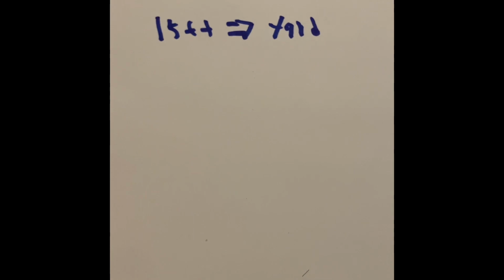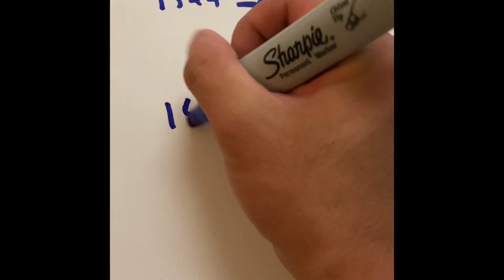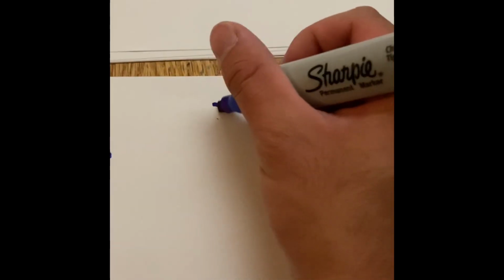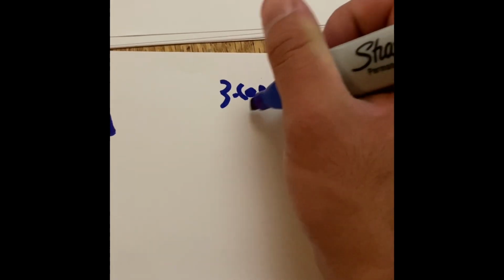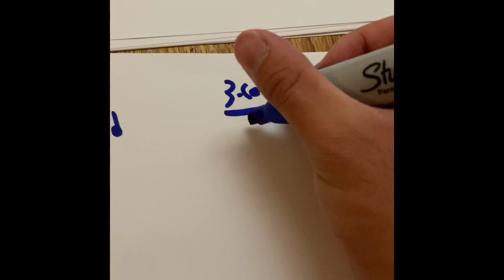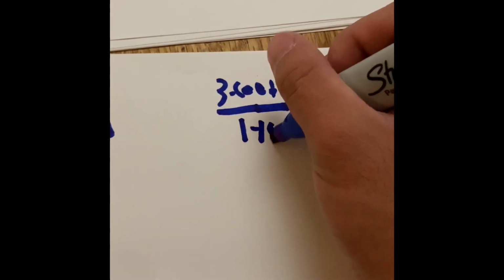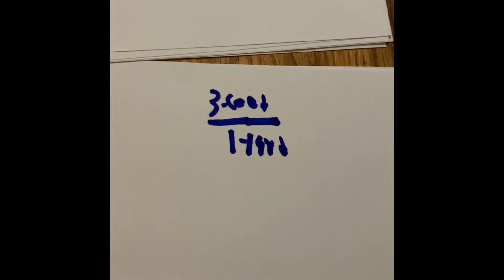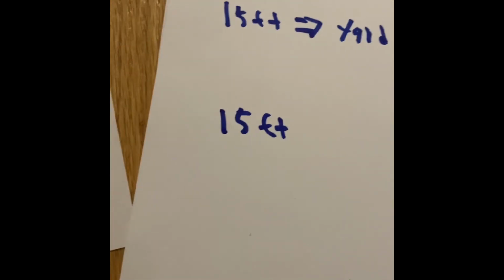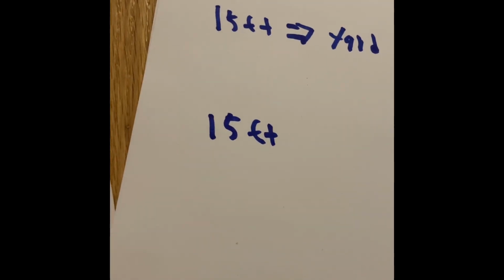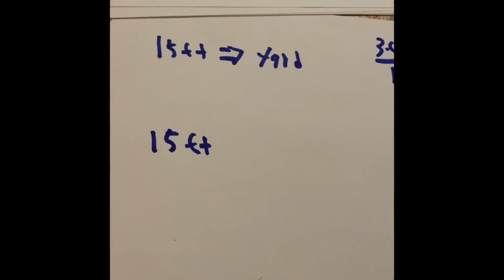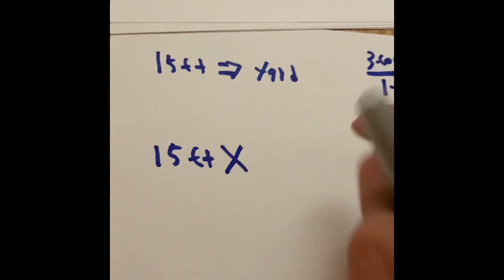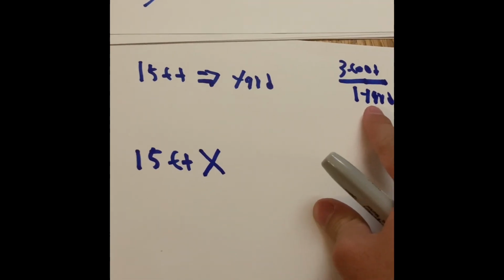So here's what's going to happen. If we have 15 feet right here, we have to use a conversion of 3 feet equals 1 yard. That is going to be our tool for solving this: how many yards is 15 feet equal to? We have to multiply by something that looks like that.